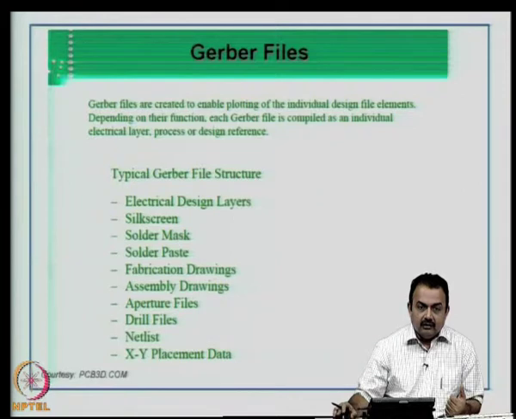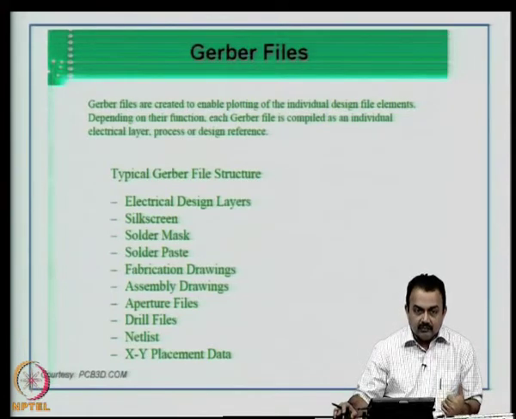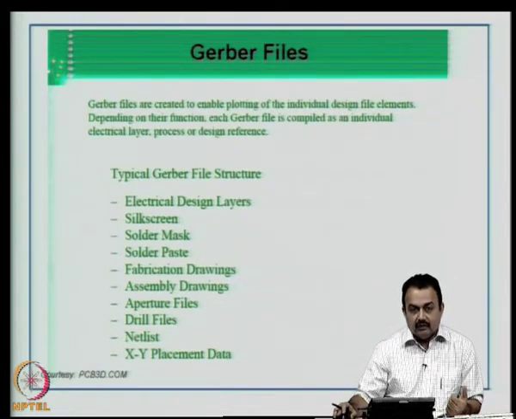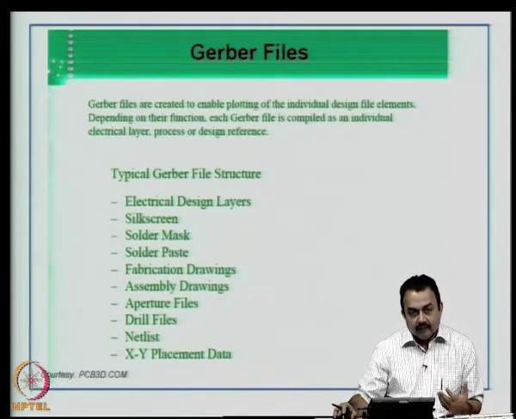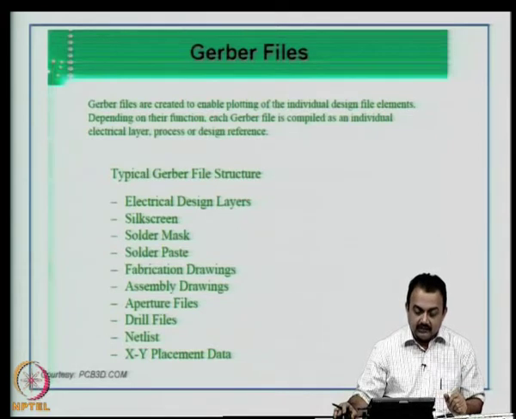Silk screen legend areas, legend layer, solder mask layer, it could be top solder mask, bottom solder mask, solder paste that is required for surface mount assembly technology, fabrication drawings documentation, assembly drawing documentation, aperture files, or you can call it D codes, that is used similar to your Gerber file, for looking at the pad openings, pad sizes for your electrical layers.